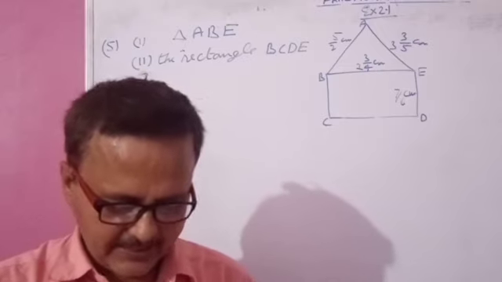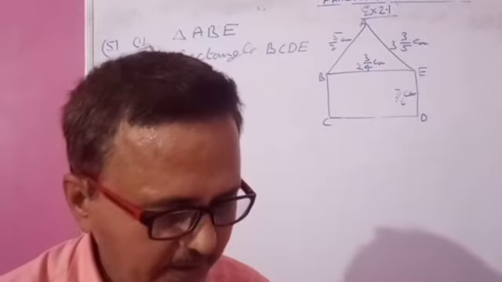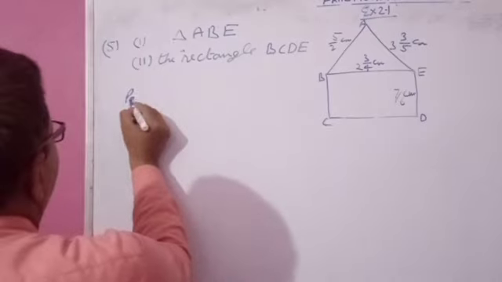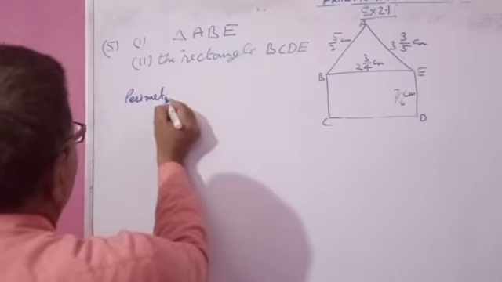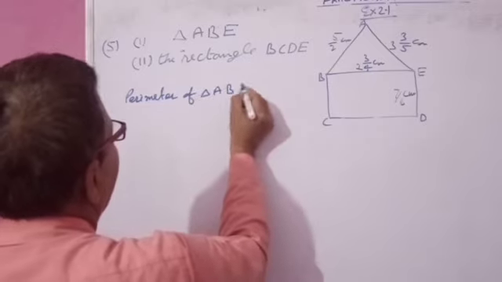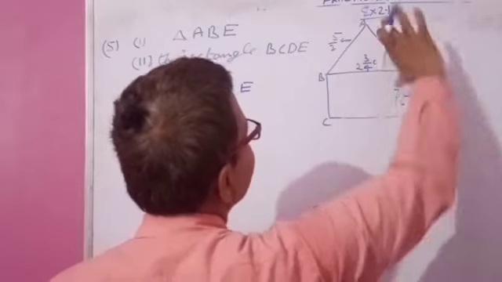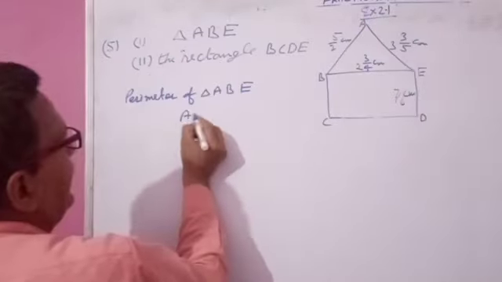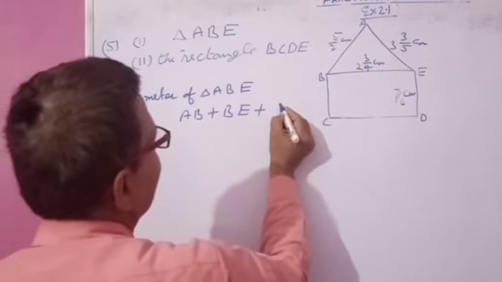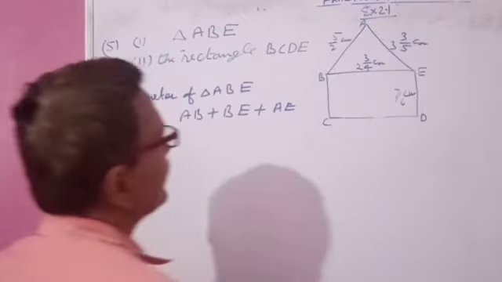You will see that the perimeter of triangle ABE is equal to AB plus BE plus AE. This plus this plus this will be the perimeter of this triangle.